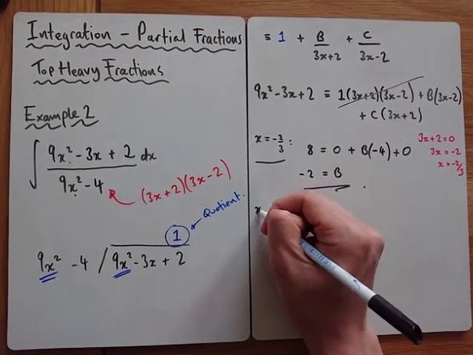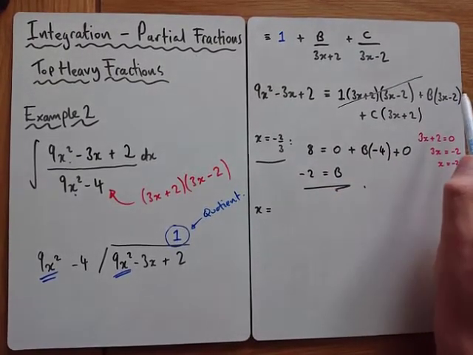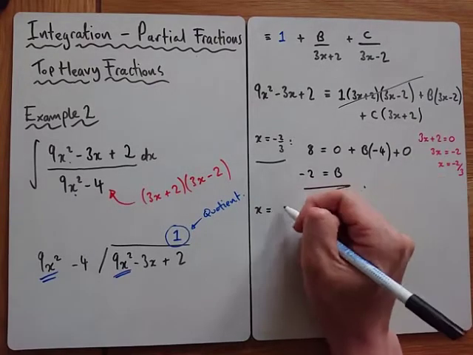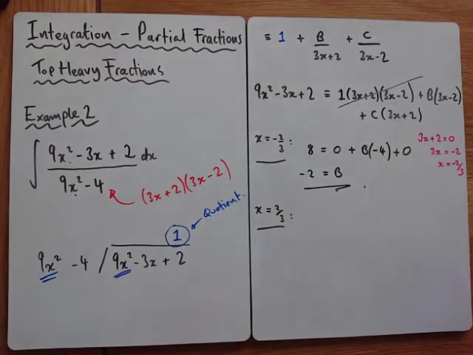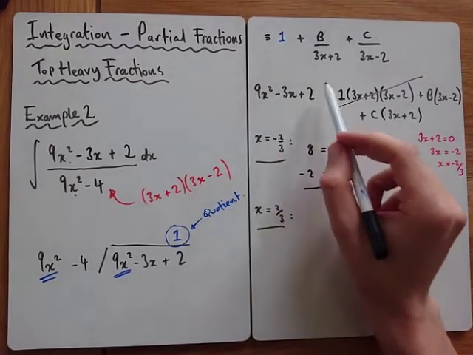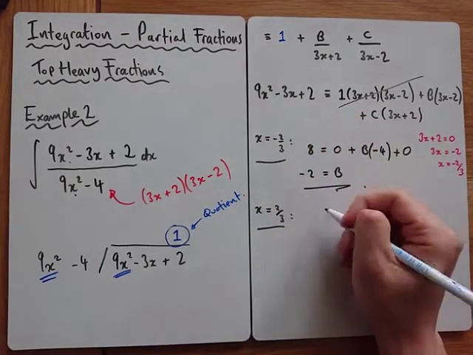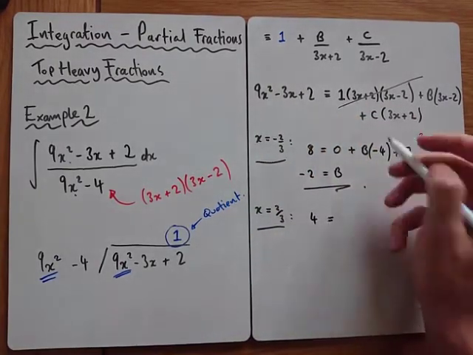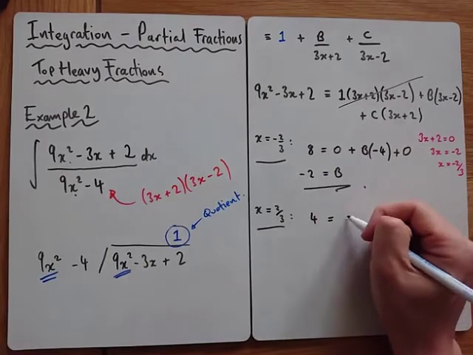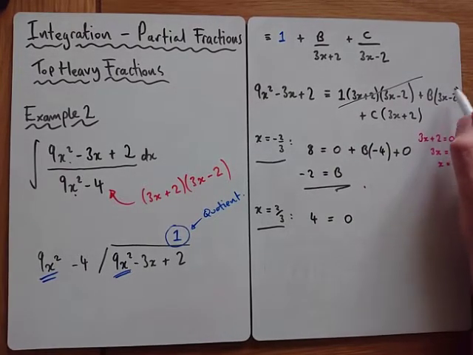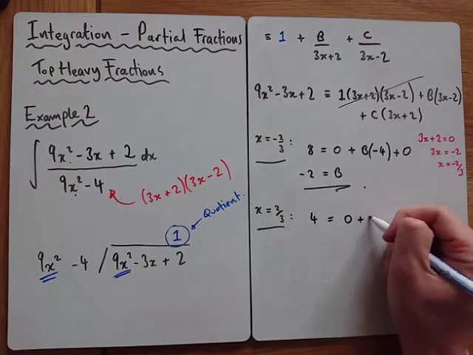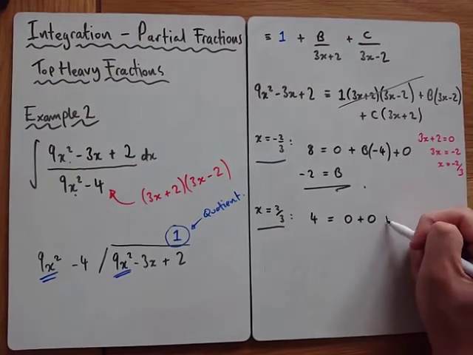And then similarly, if we let x equal 2/3, because we want this bracket to disappear, and when we sub it into the left hand side, we end up with 4. Sub it into this, we get 0. Plus b times 2/3 into this becomes 0. And plus c.